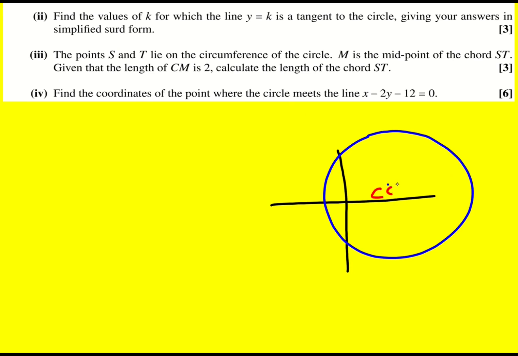Remember, we've got the center, which was (4, 1). And S and T lie on the circle, so maybe I'll just put it, I don't really know where they are, I'll put it here and here. And then the chord is the line that connects these.